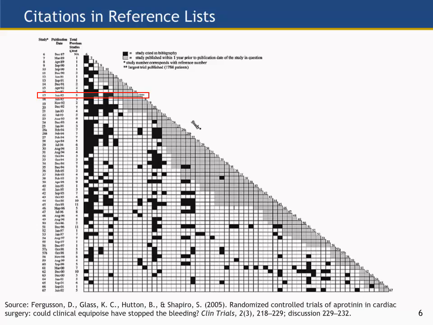Why is this important? Every single one of these published studies had positive findings. They all showed that aprotinin was more effective than the comparative treatment. The researchers did a meta-analysis of these results, and after study number 12, the results were unequivocal.